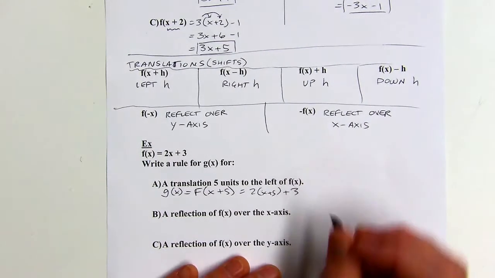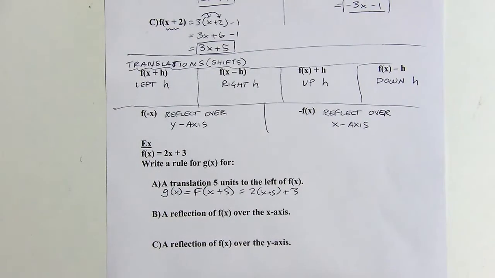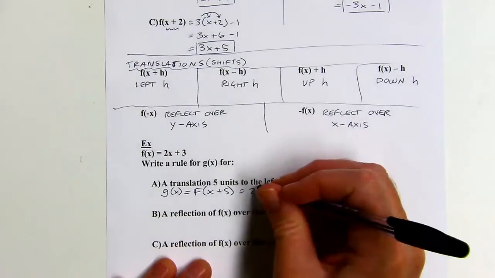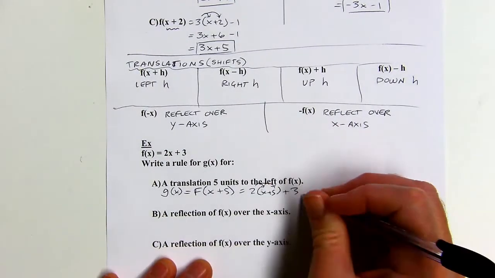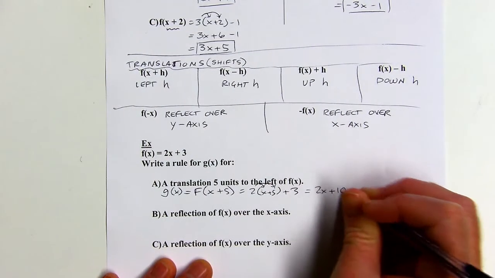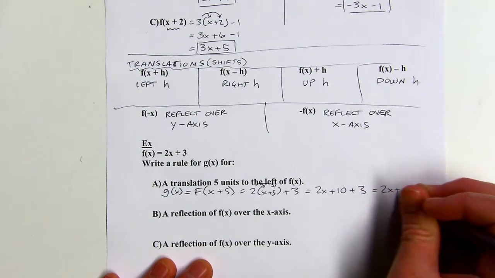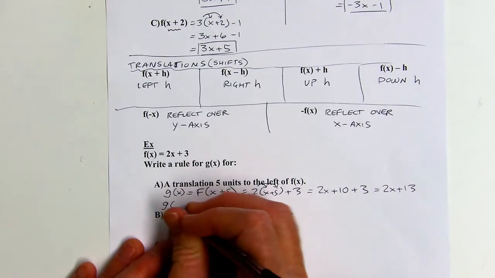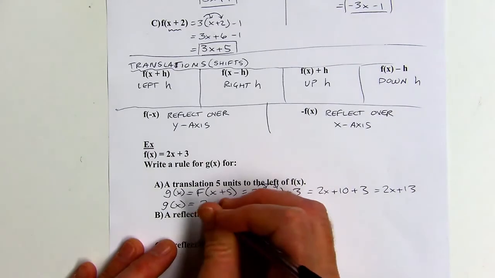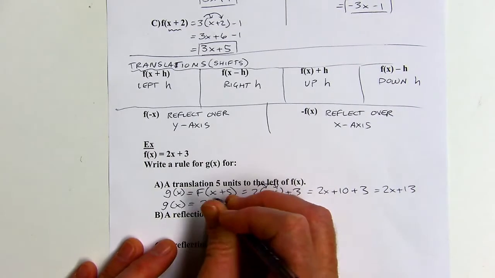I use parentheses because I'm going to distribute. Then I can combine the like terms, and I'm going to get 2x plus 13. So function g would be equal to 2x plus 13.